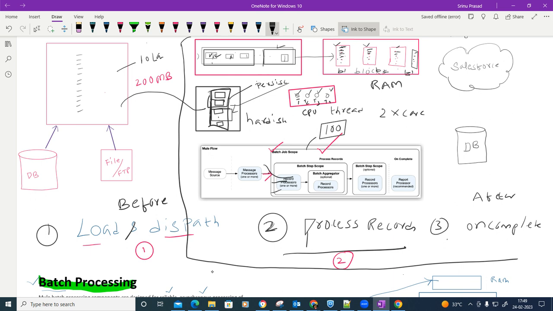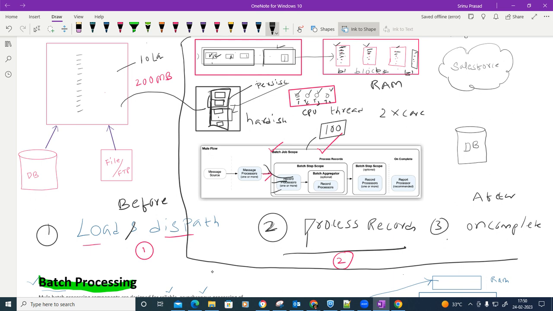After processing the four blocks, they come to your persistent store. Again, the threads pick those four blocks and execute step two, if step two exists. So likewise, the parallel processing happens.